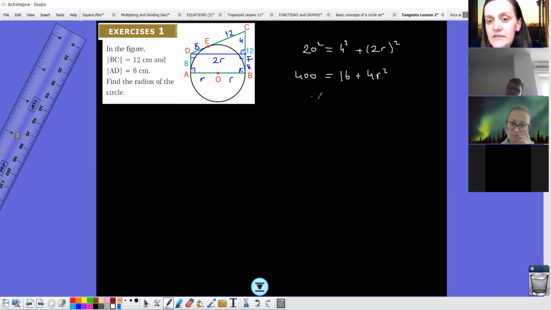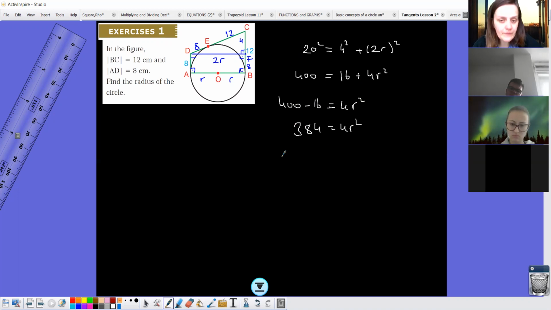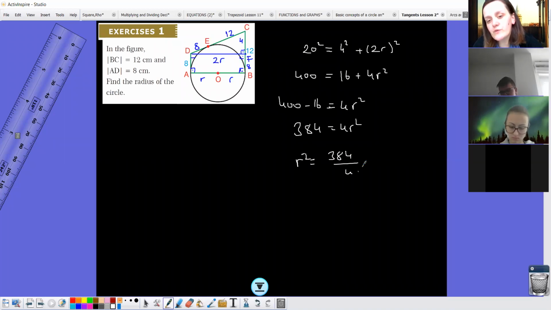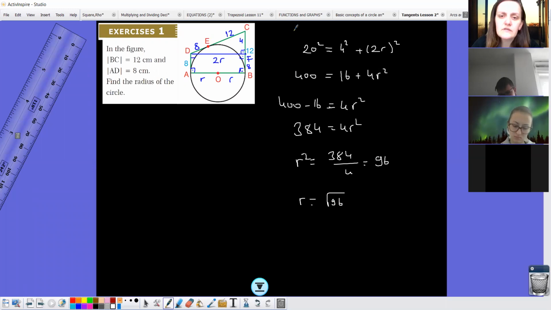So 400 minus 16 will be 384. 384 is equal to 4R squared. R squared will be 384 over 4, which is 96. Then R will be the root of 96.